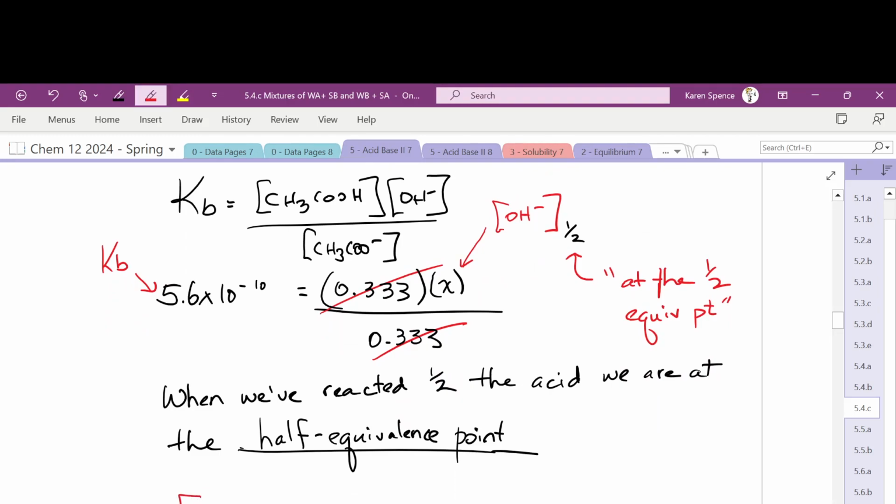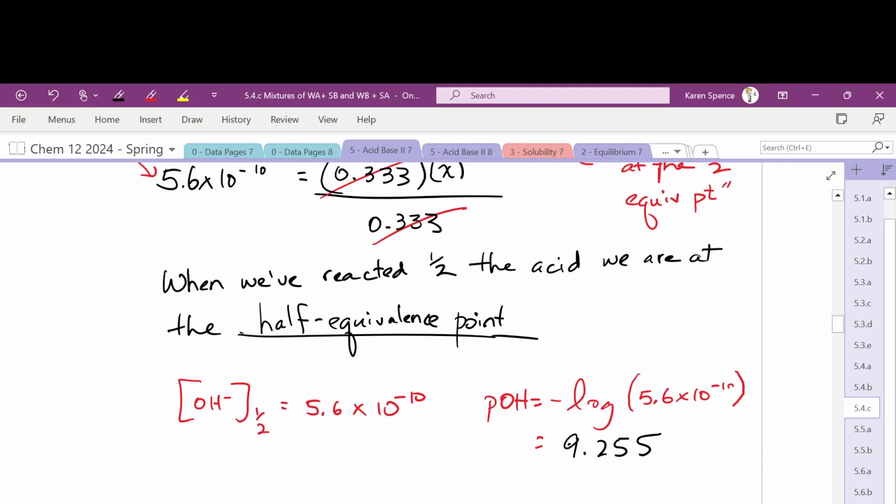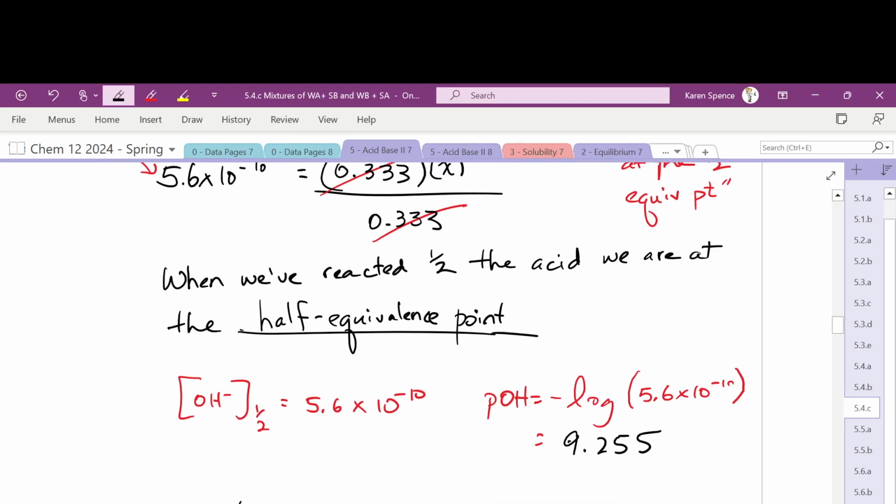So the concentration of OH- at the half equivalence point is 5.6 times 10 to the negative 10. And the pOH is negative log of 5.6 times 10 to the negative 10, which equals 9.255, and so pH then is 14.00 minus 9.255, which is 4.74.